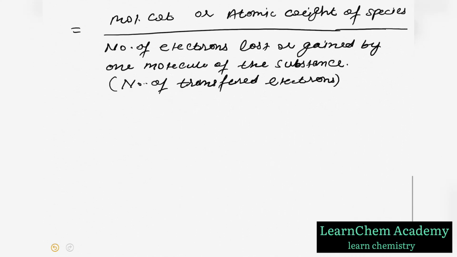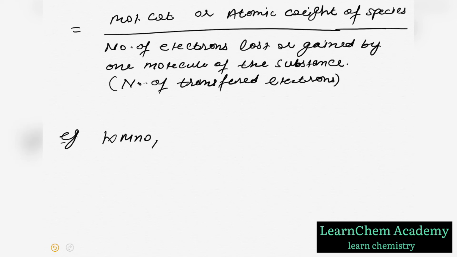Okay, so if we take an example, potassium permanganate KMnO4. In acidic medium KMnO4 changes into Mn2+, means manganese in +7 oxidation state changes into +2 oxidation state. So here the number of transferred electrons is 5, means it gains 5 electrons and changes to +2 state.